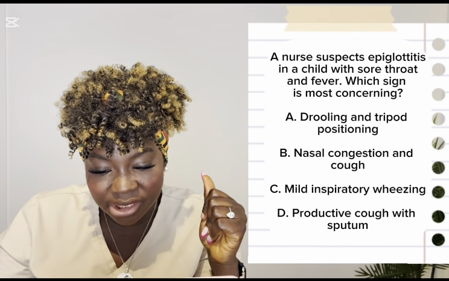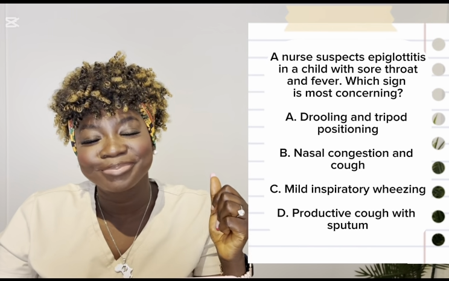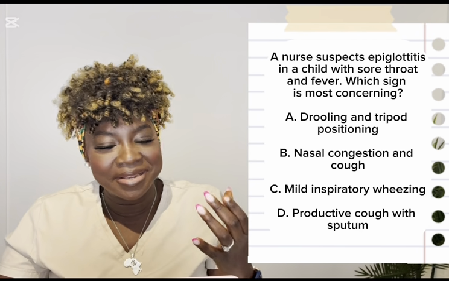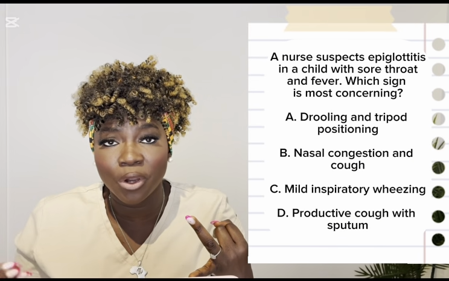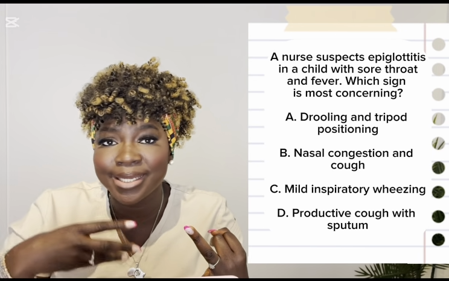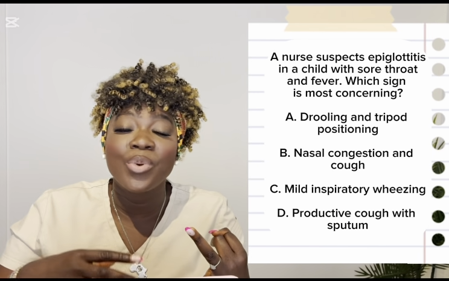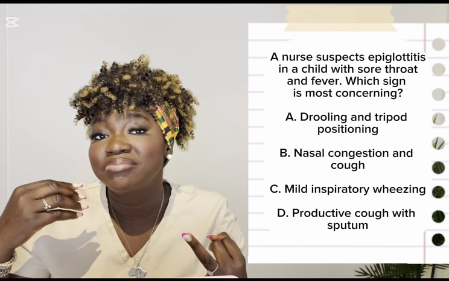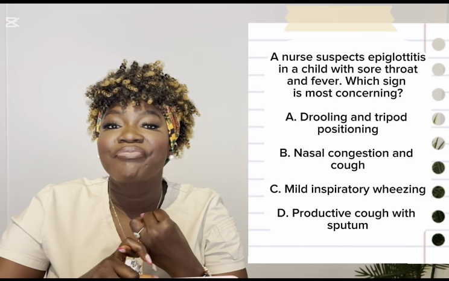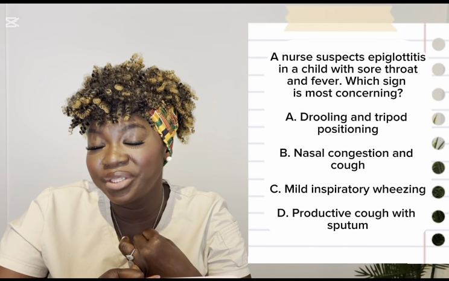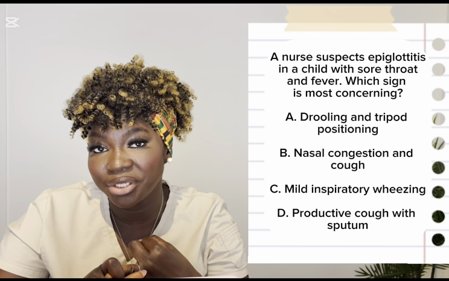Now, let's go. Productive cough with sputum. You will see that in COPD patients when they have productive cough with yellow, green, or rust color sputum. You will see this productive cough with a pneumonia patient, COPD patient.